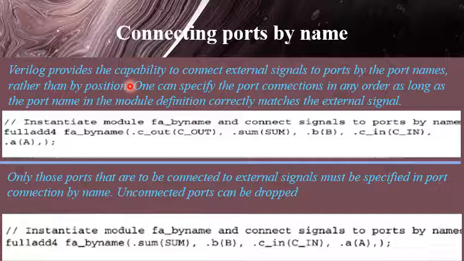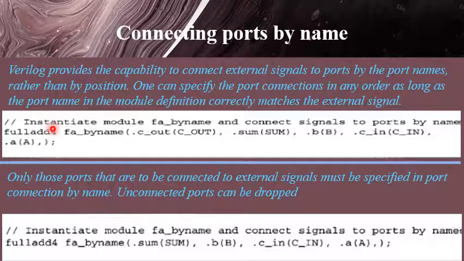So in that case we can connect the external signals to ports by their port names. One can specify the port connections in any order as long as the port name in the module definition correctly matches the external signal. So here order is not at all important. You can specify the ports in any order, but the corresponding signals have to be connected appropriately.